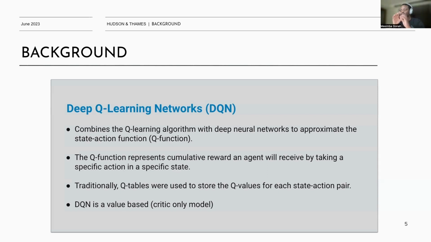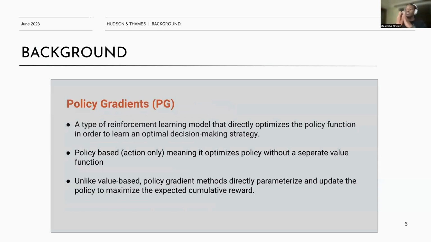So at its core, Q learning is almost like a trial and error algorithm. It's not guided by any policy to try and optimize the reward function, which is different from what we have in terms of policy gradients. Policy gradients directly optimize the policy function. Now, the policy function is essentially the same as the Q function, which is now the reward function.